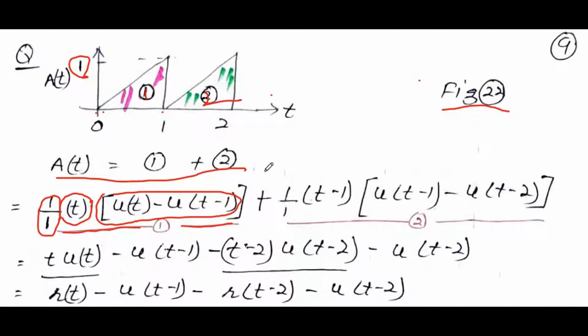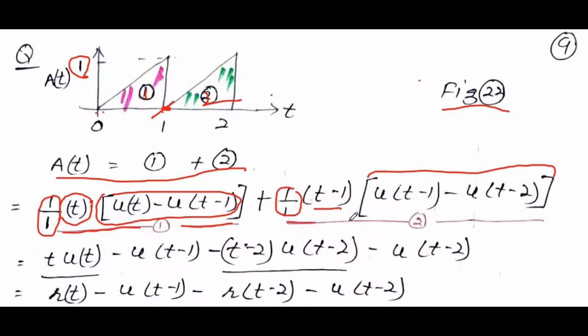Simply, we can obtain the expression for this part 2. Its slope is 1, then it is t minus 1, because this is the intersection point of this line, and a gate function ranging from t minus 1 to t minus 2.